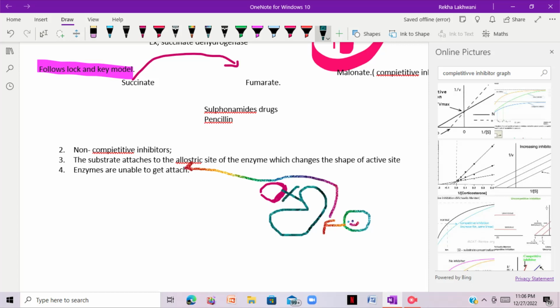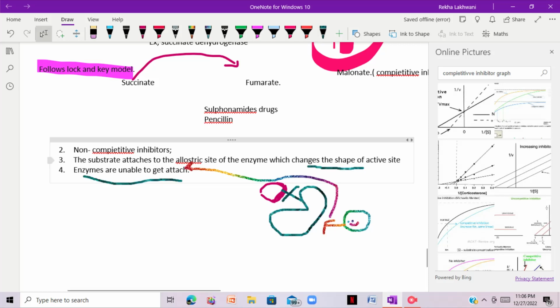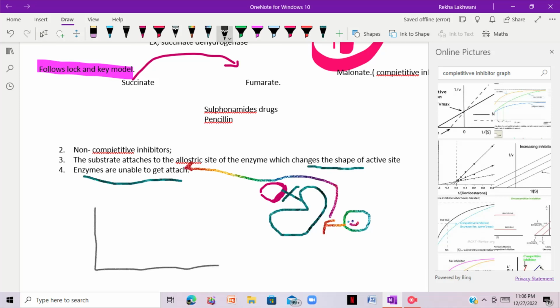Now if we talk about the graph, on a normal reaction, on increasing the substrate, the rate increases, right? But when we talk about this, when we increase the substrate, it will never reach the V max.